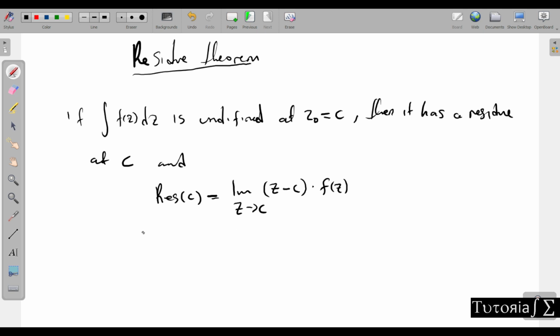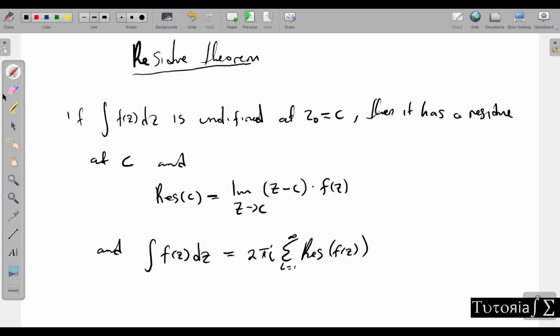Then the integral of f of z equals 2 pi i times the sum of the residues of f of z, from 1 to infinity.